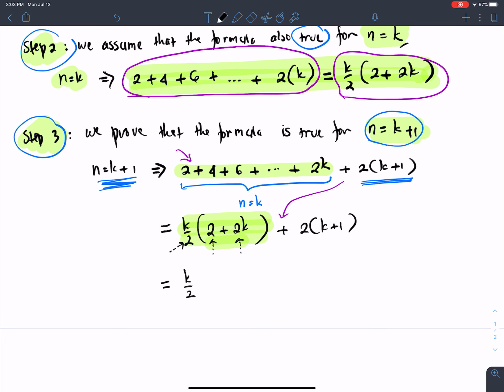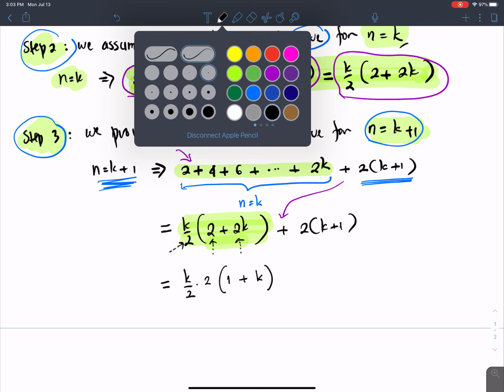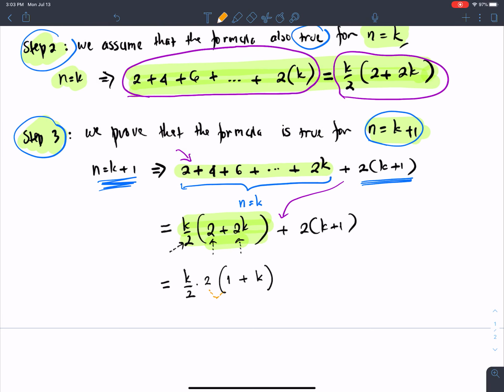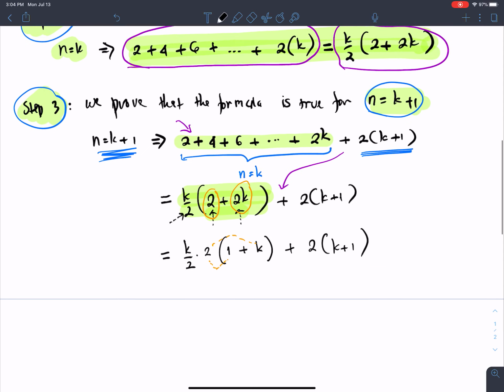So I have k over 2, and then I take out the 2 inside the bracket, so it becomes 2 times, since I already took 2, inside I have 1 and then k. I hope you can figure that out. Let me show: 2 times 1 is 2, so it's the same. 2 times k is 2k, so it's the same. I just take out the 2 and then continue plus 2k plus 1. Okay, we're almost there.